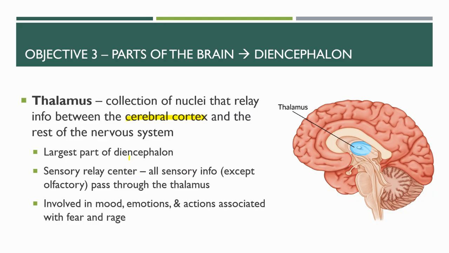The thalamus is the largest part of the diencephalon, and so it relays information from all of your sensory information with the exception of olfactory, which is smell. So like your touch, your vision, your taste, your hearing, all of those are going to go through the thalamus. And so it's also involved in mood and emotions. It's associated with fear and rage, and that's going to be because of some of the other parts that are connected to it.